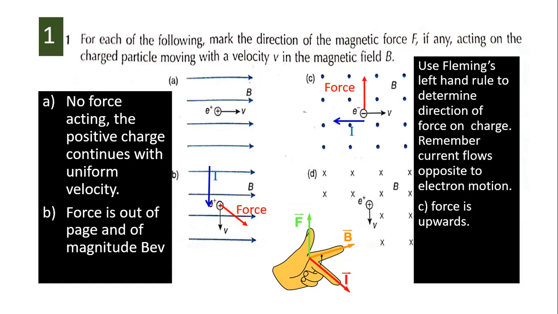Okay, how about the thumb? Is the force. The field is coming out. The V is going down already, so it's either left or right. Coming out means usually it will be right. Yeah, force to the right.